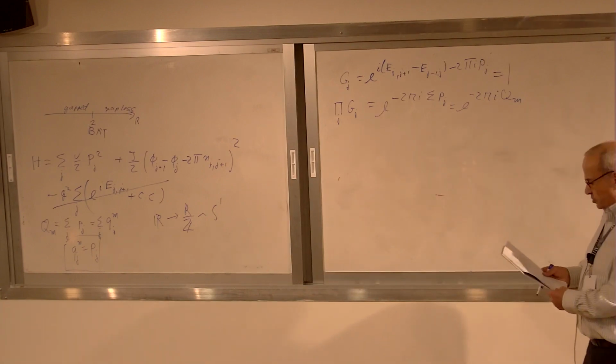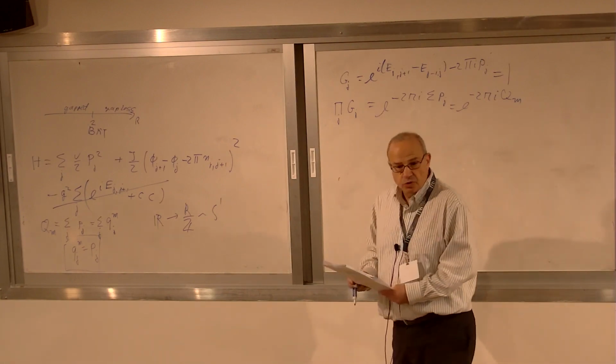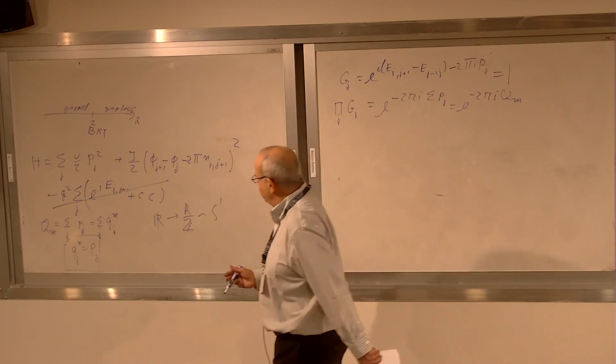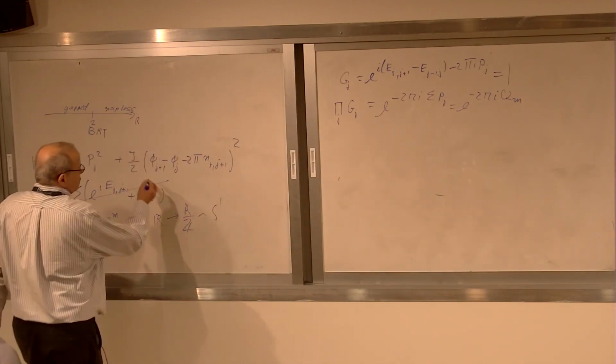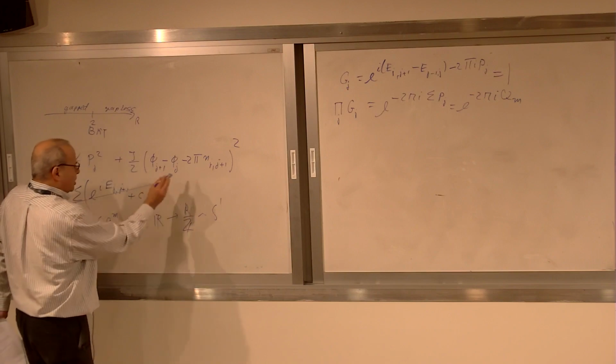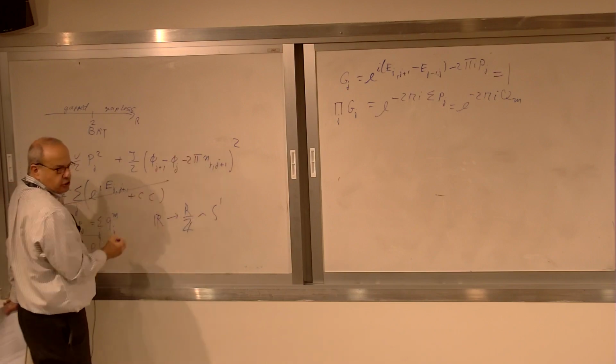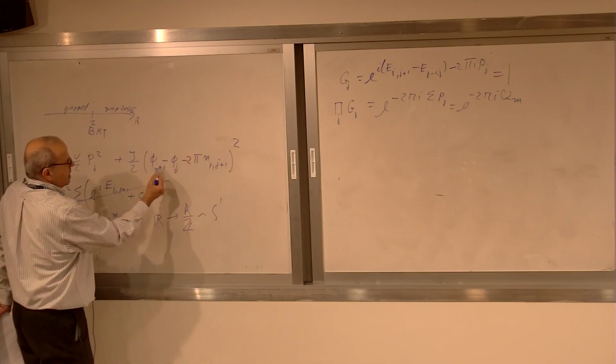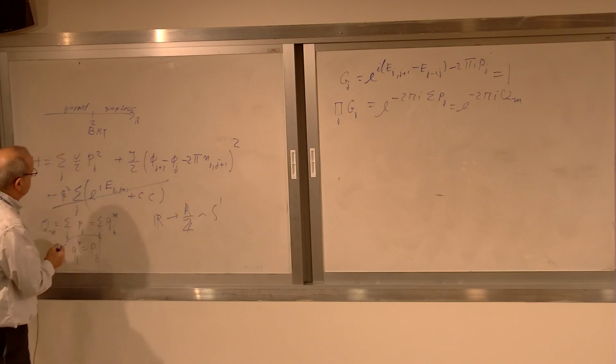The first thing I want to do is connect that to what we had in the continuum. So if we were continuum people, we would say, let's choose a gauge. We had this gauge symmetry that we discussed, that all the n's are 0, at least locally. And then this becomes a derivative. And this is the momentum conjugate.